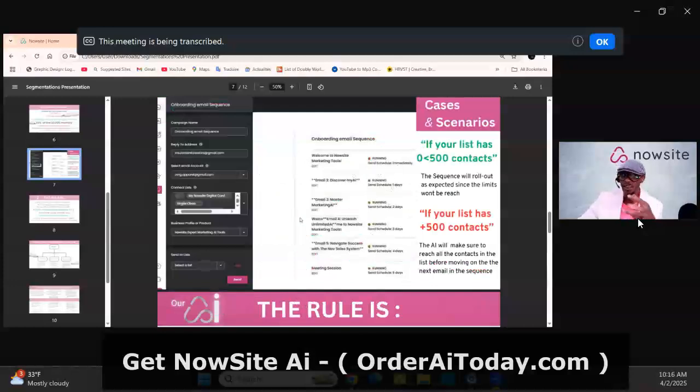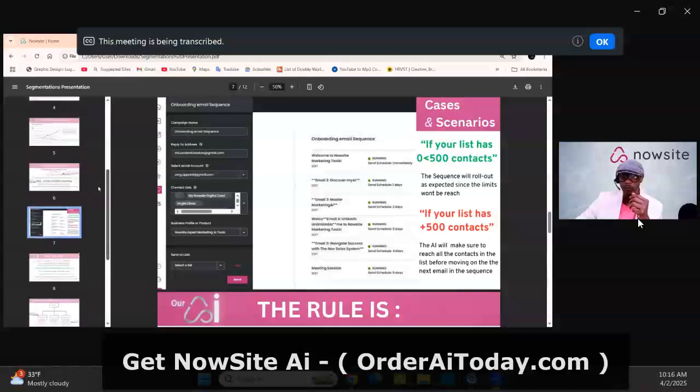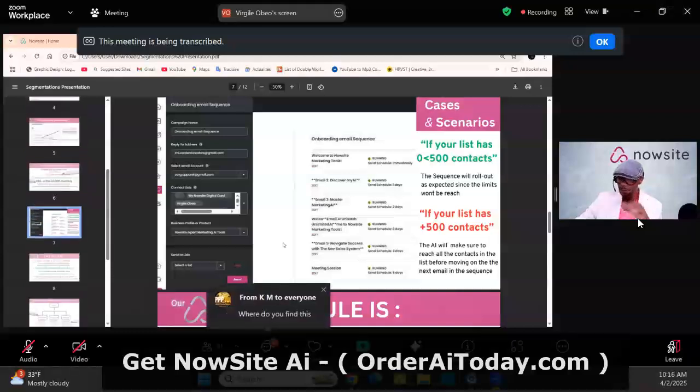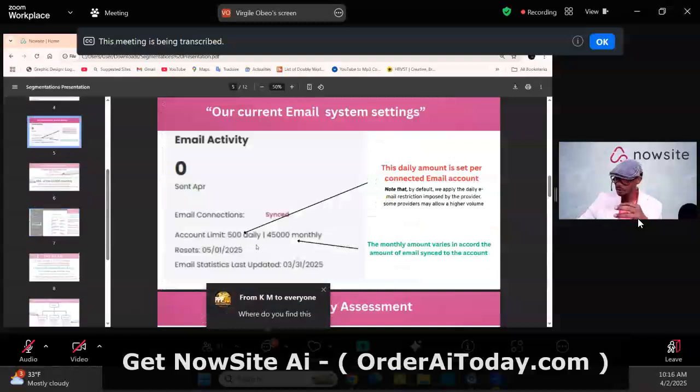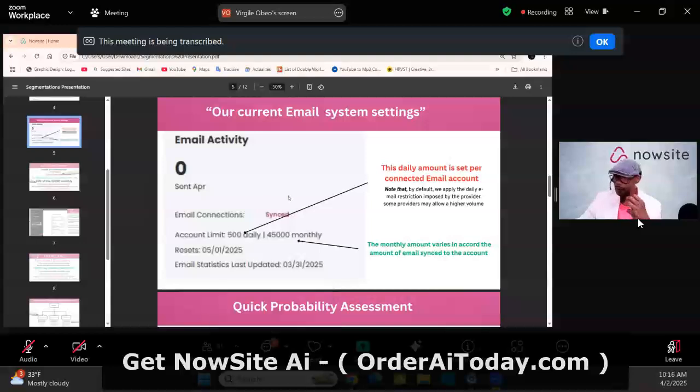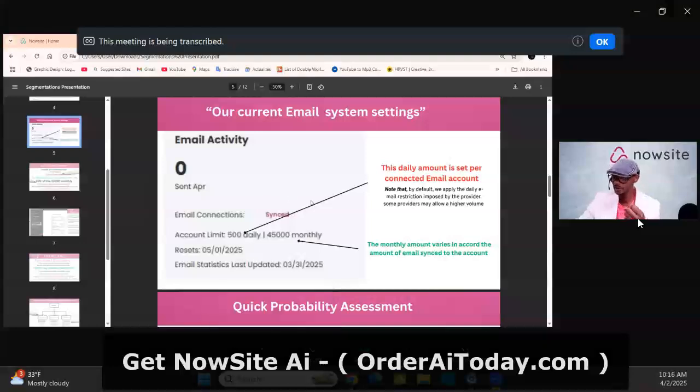Since the limitation imposed upon us is 500 on a daily basis, for a total of 15,000 weekly per email connected, per email synced.